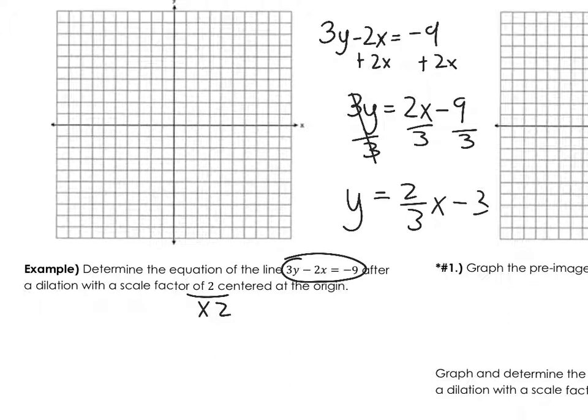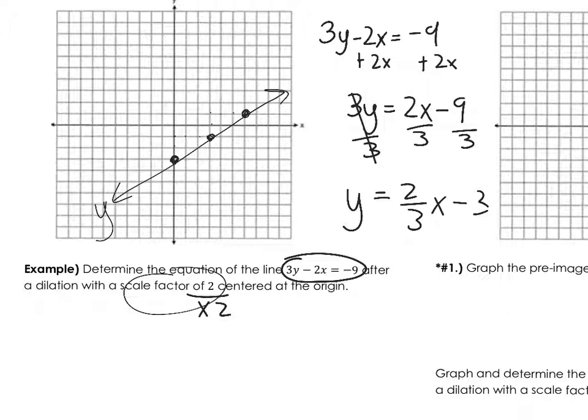So here's my line. I'm going to quickly just graph this up here. So my y-intercept is negative 3. My slope's up 2 over 1, 2, 3. And here's my original line. Now I want to dilate it with a scale factor of 2.